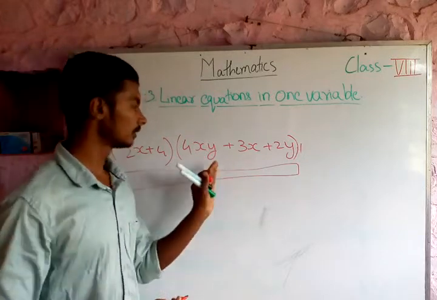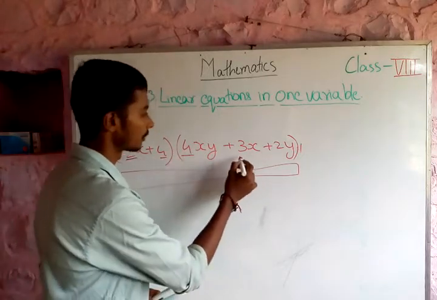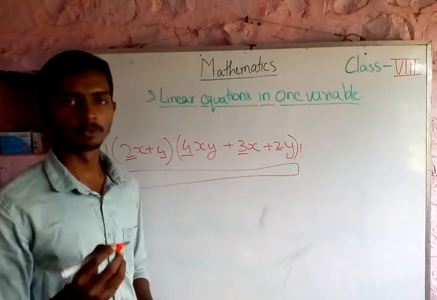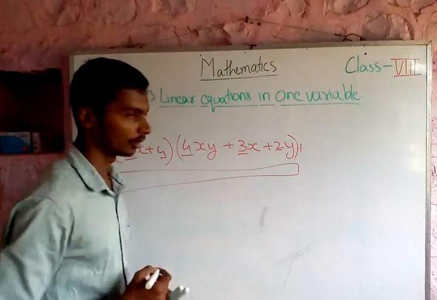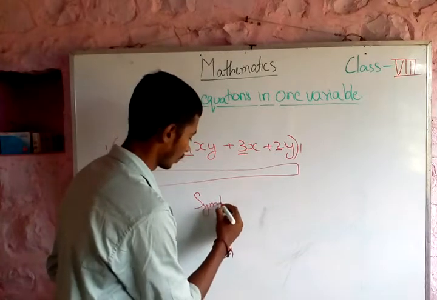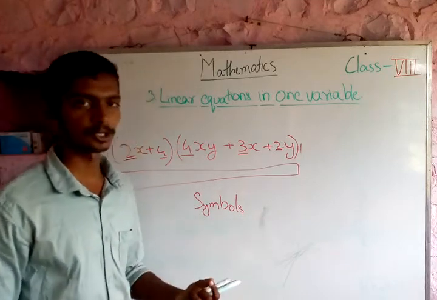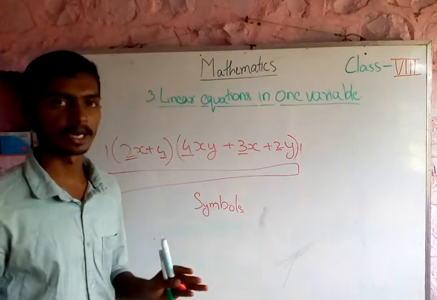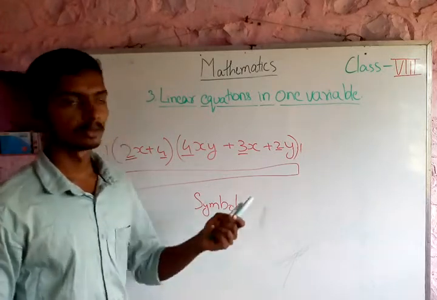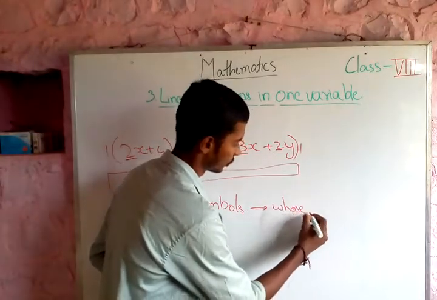Now see here, in these kinds of expressions, this 4, 2, 3 are called constants because their value won't change. So in general, what are constants? Any symbols or any representation whose value doesn't change are called constants.